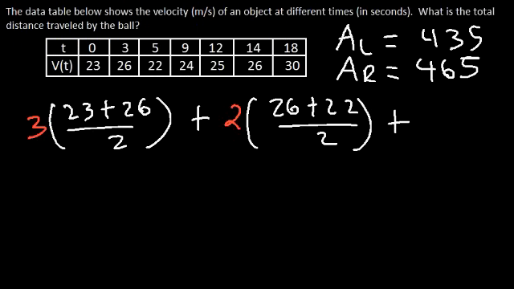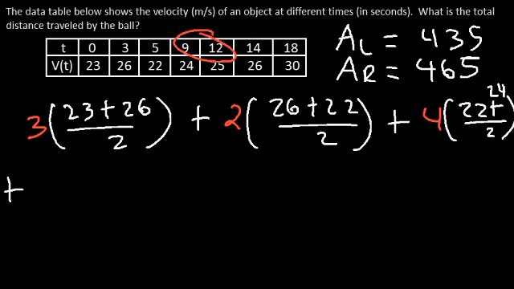And then for the next part, between 5 and 9, the width is 4, and the two y values are 22 and 24. So we're going to add those two and divide it by 2. So between 9 and 12, that's a change of 3. And we're going to average 24 and 25.